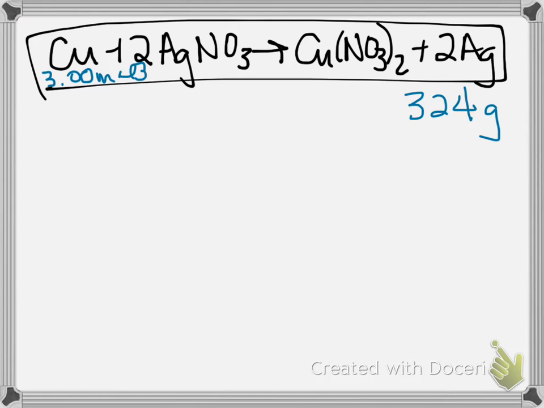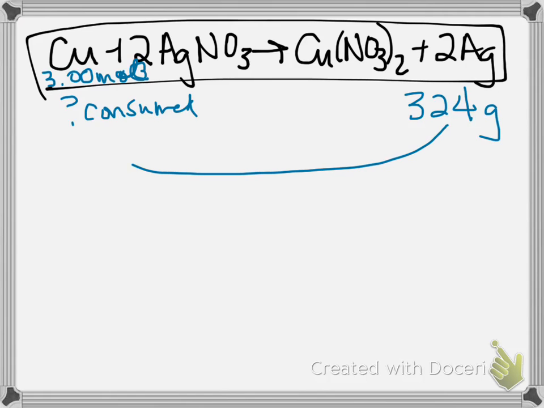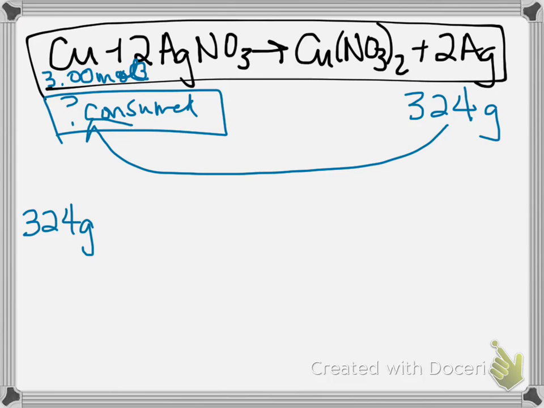If we know we're going to make 324 grams of silver, we were given 3.00 moles of copper. How much copper is consumed? Which means how much of this copper reacted to give us 324 grams of our product? Well, we can actually calculate how much of this copper was consumed. We're going to start with the 324 grams of silver.